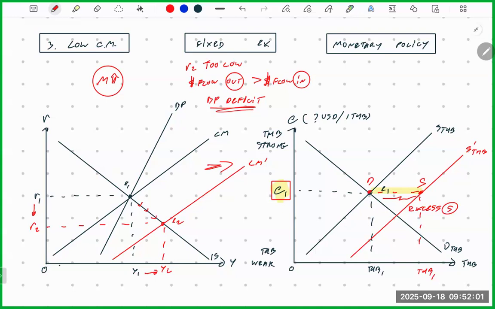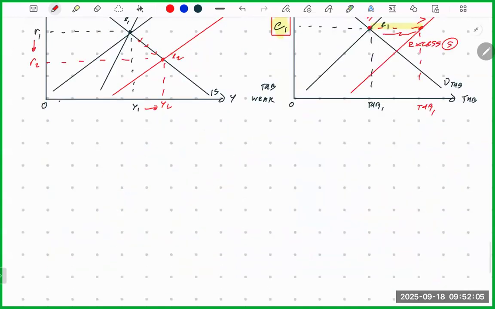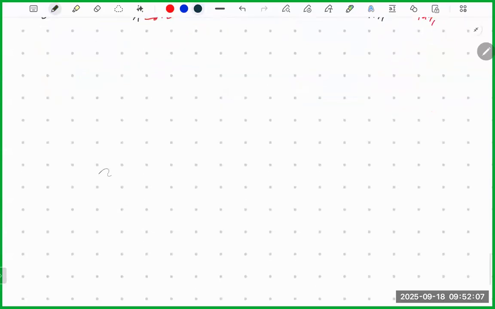Good. Okay. Then how to solve this problem? Just like the previous case, we have the central bank on the left and the economy on the right. In the economy, we have the problem: people want to sell Thai baht more than people want to buy. So the central bank needs to take care of this problem.